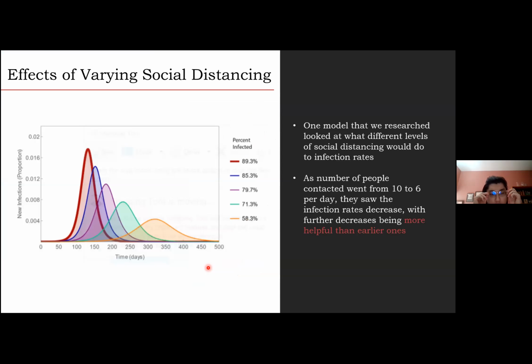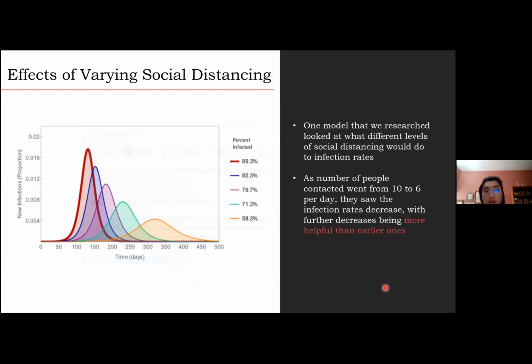Next slide. The next study that we looked at the effects of different levels of social distancing. And in this study, they took relatively simple parameters where they just fixed how long the quarantine period was, as well as how effective the disease was against humans, and worked off of these same parameters for each of the levels of social distancing.